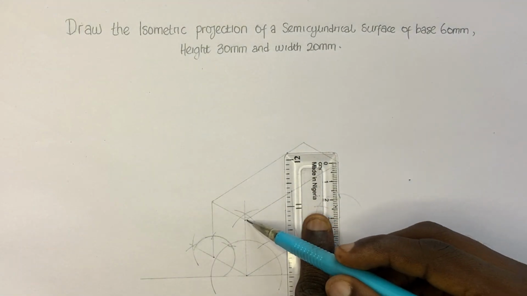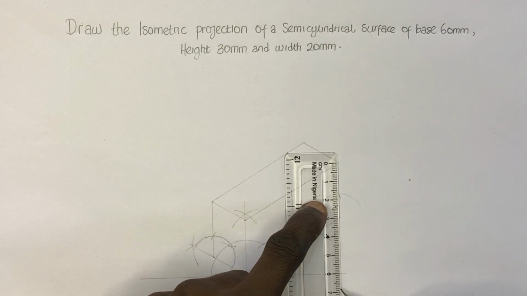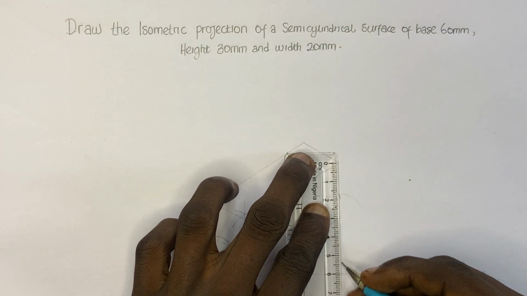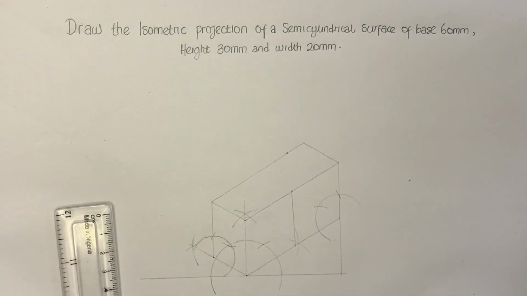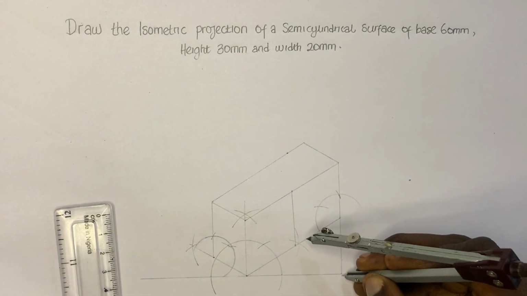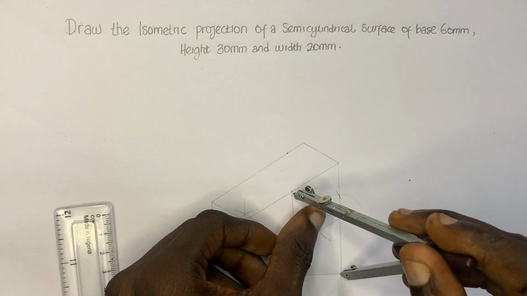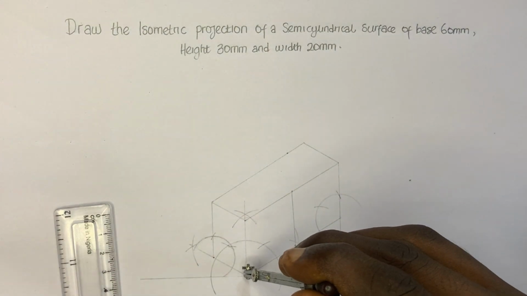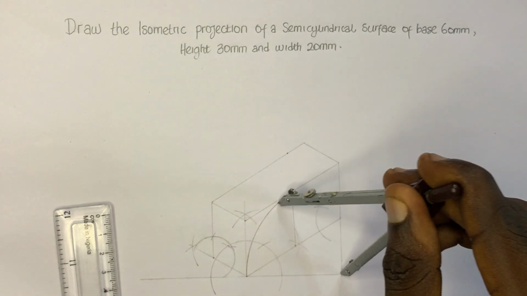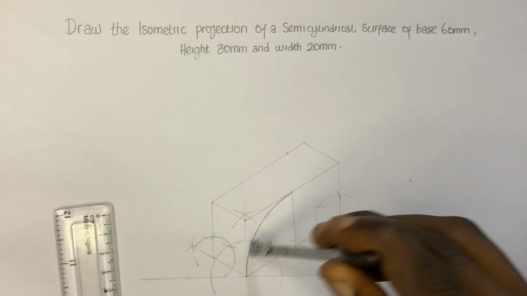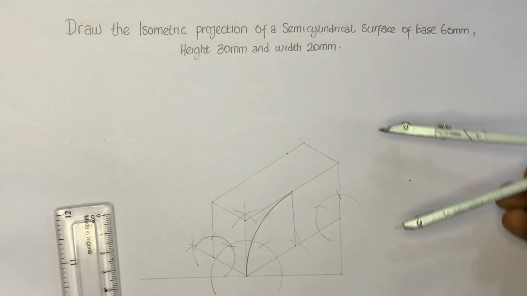So if this is 60 millimeters, we need to complete this side up towards 60. That is, we add another 30 below. So at this point we put in our pair of compasses, extend it up to this point. You see it? We can now draw it like this. Now since this is our focus, we can make it dark.